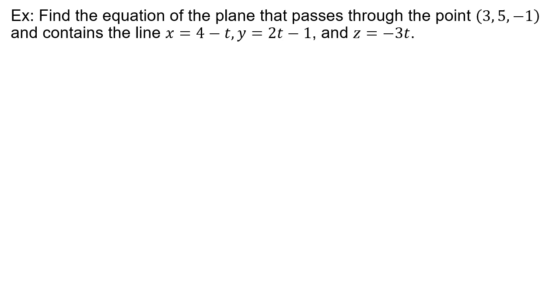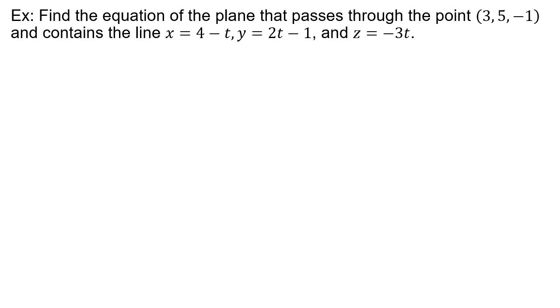Now, this line is made up by a vector, but that vector is in the plane. I need a vector that is orthogonal to the plane. So I need to come up with two non-parallel vectors in the plane so that their cross product will be perpendicular, would be the normal vector.